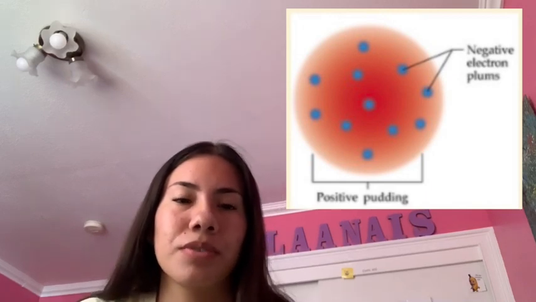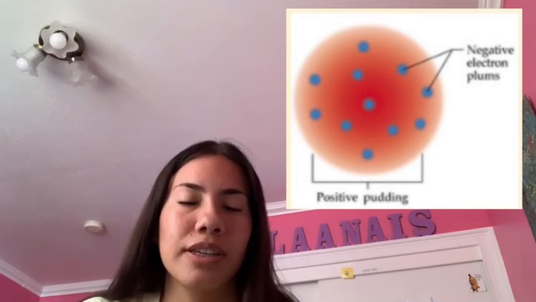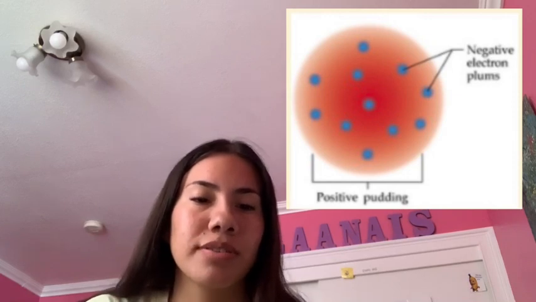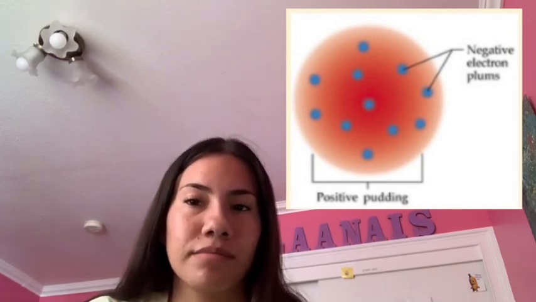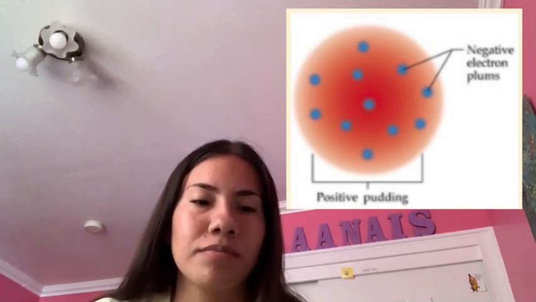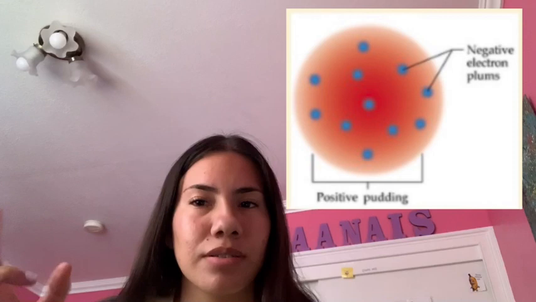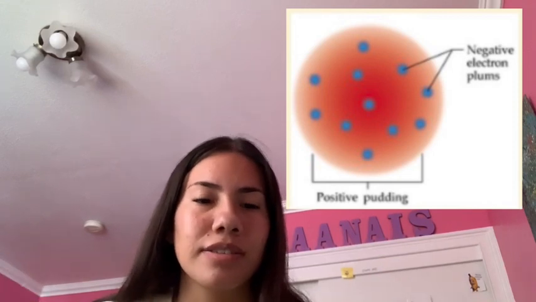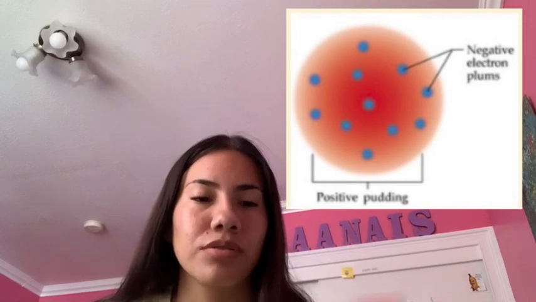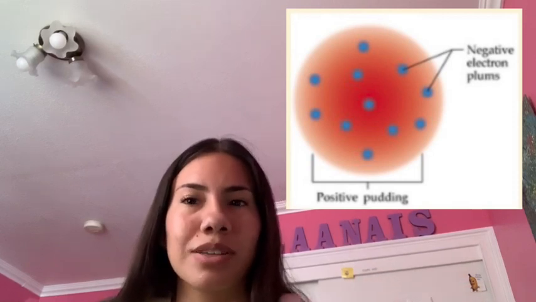If you see in the red circle, there are little tiny blue spheres, which represent the negative electrons. Basically the red circle is the soup, or like the pudding, and the tiny blue circles would represent like things in soup.